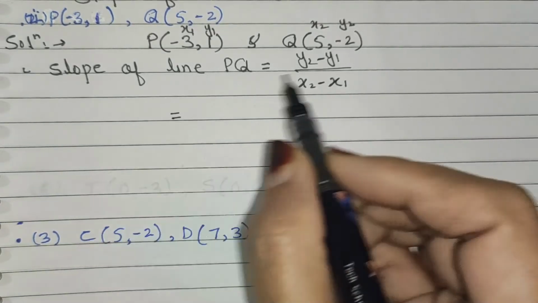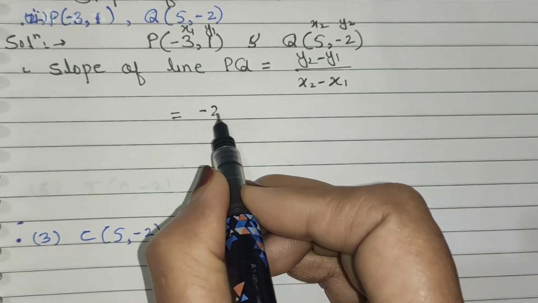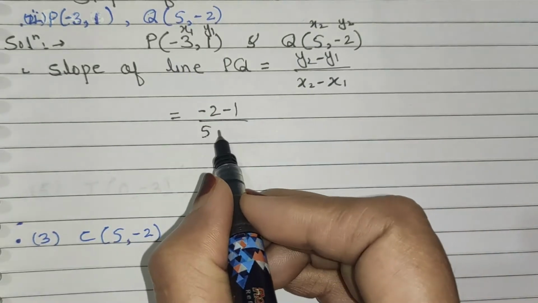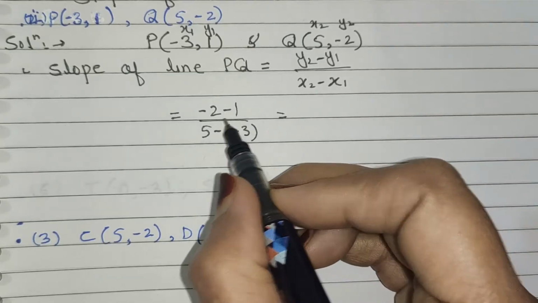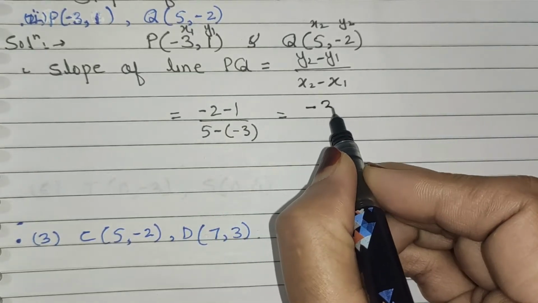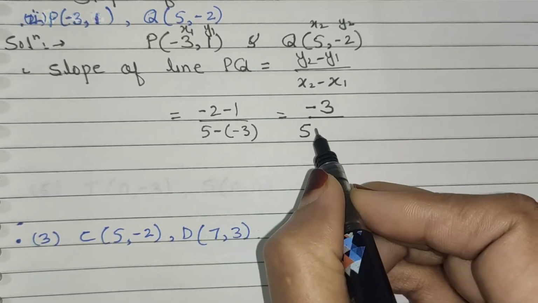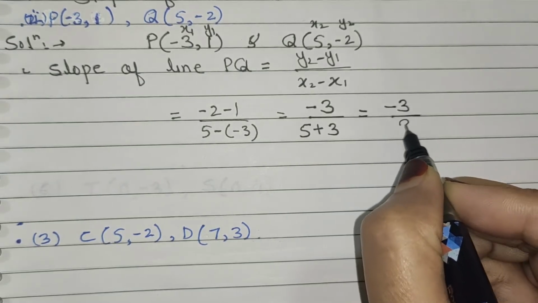Now substituting the values, we get here minus 2 minus 1 upon 5 minus minus 3. Solve it, minus 2 minus 1 both are negative number. We get here minus 3 upon 5, negative into negative, positive 3, is equal to minus 3 upon 8.